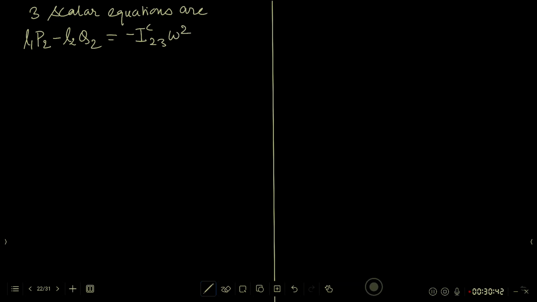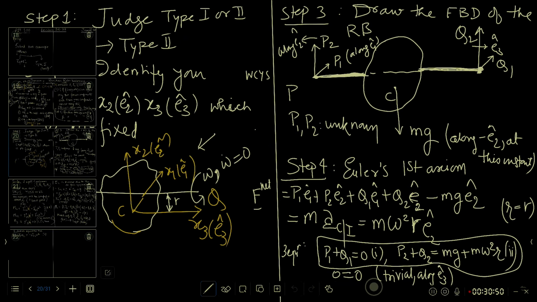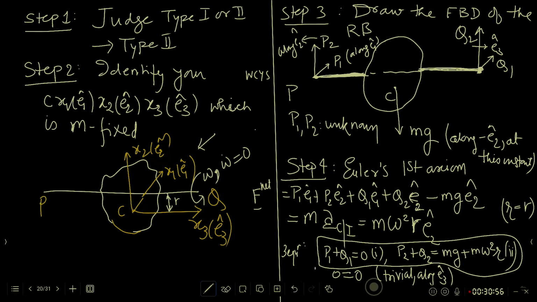call it equation number 4. Why I call equation number 4? Because I had three equations here. The third one is of course trivial, but for the sake of it I number it as 3.